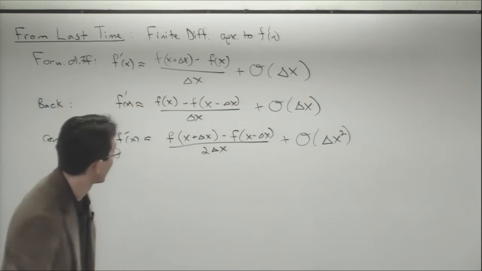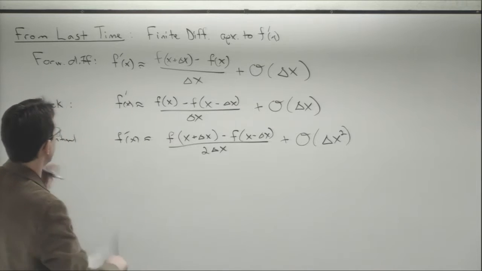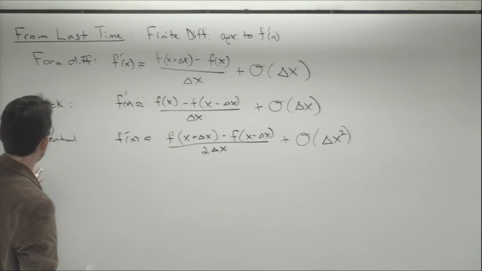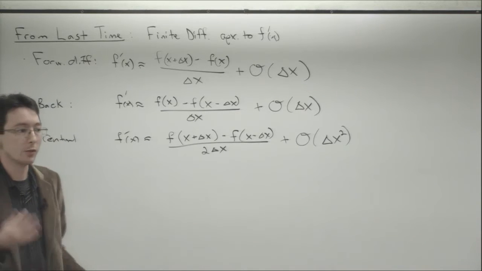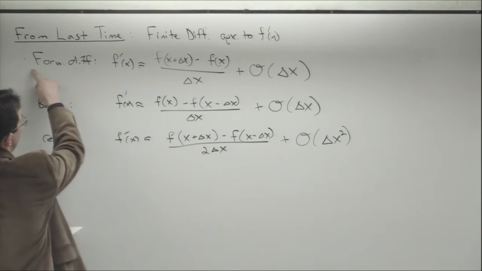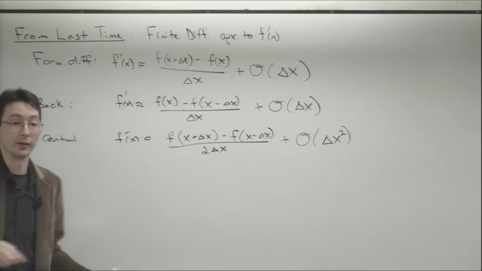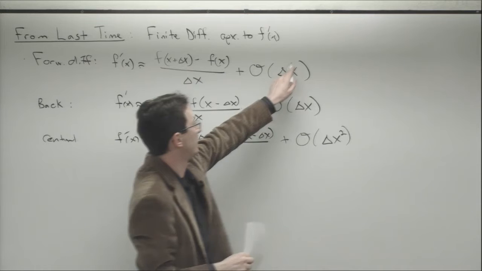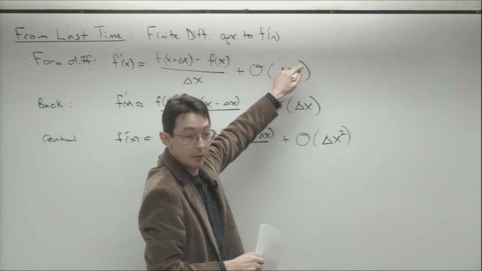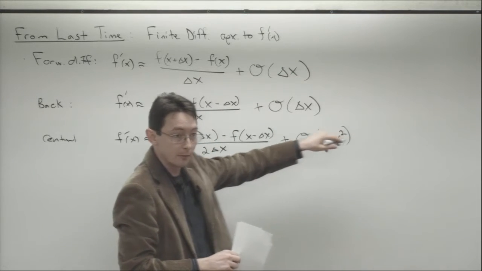So on the next homework, I'm going to, for example, ask you to cook up a second order accurate forward difference scheme. So what types of data would you need to have a second order accurate forward difference? For a first order accurate, this is called first order because delta x is to the first power. This is second order because it's to the second power.